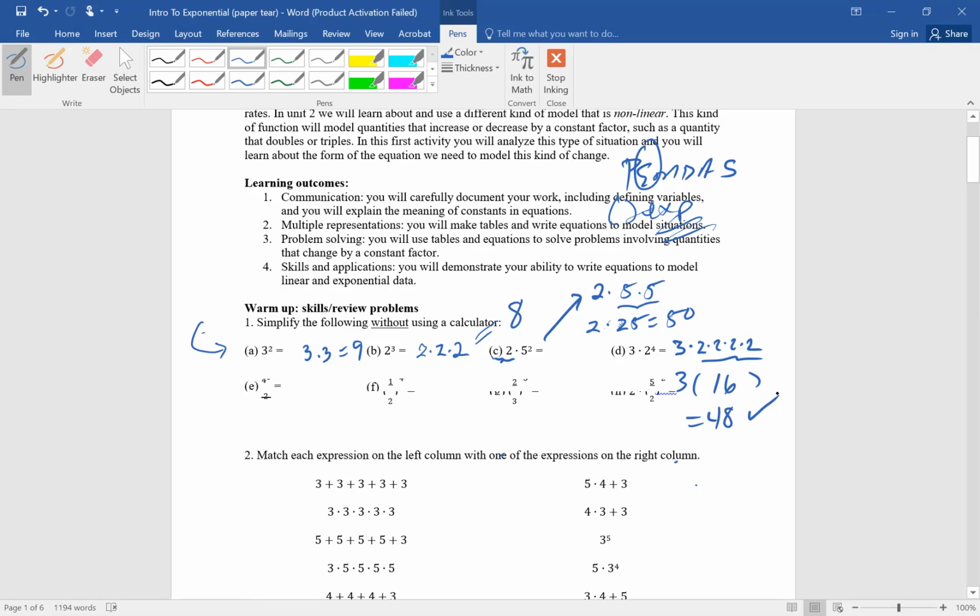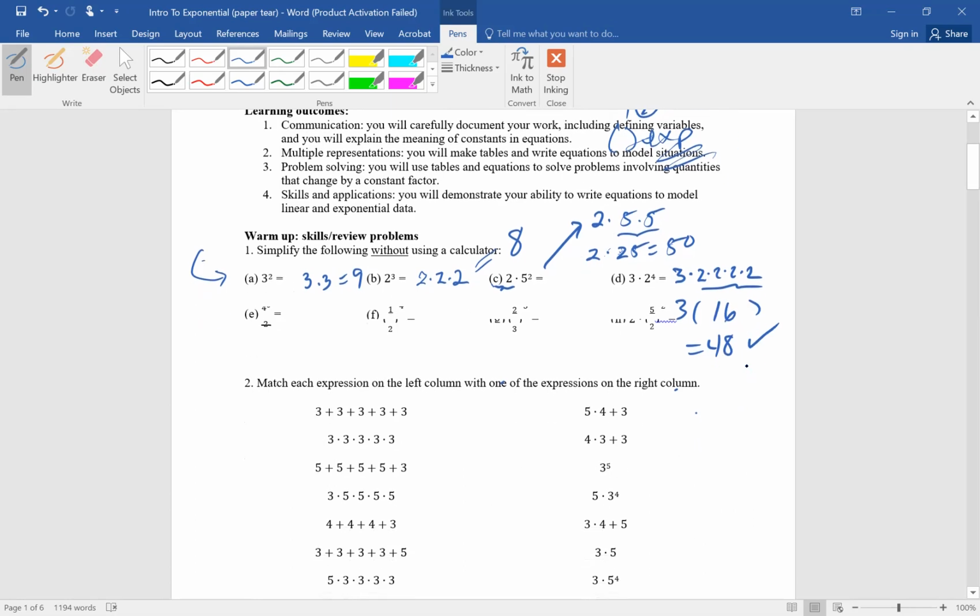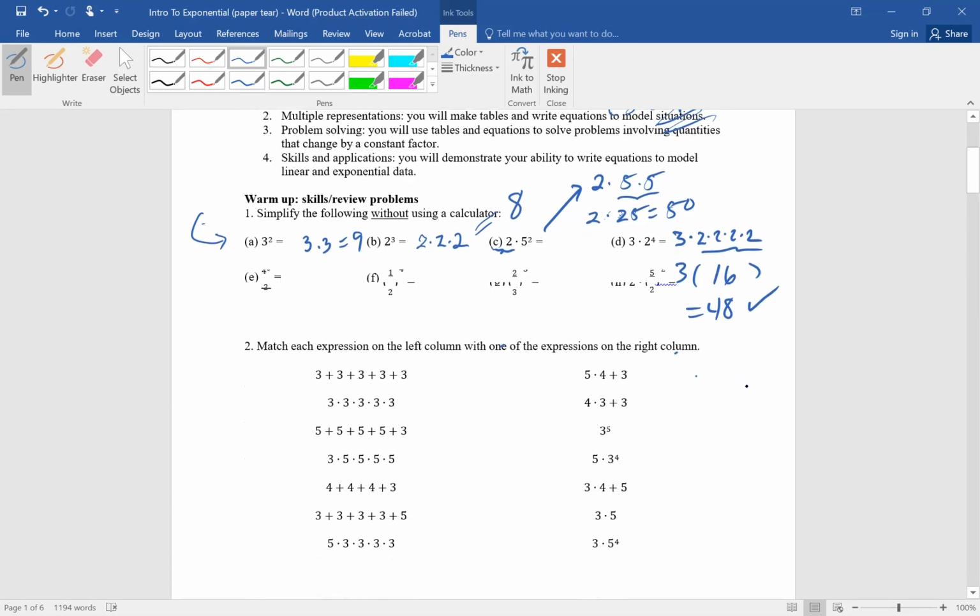And you can do a few more problems down here. I'll only do a couple more. There are different ways to write multiples of things. In other words, if you had, and I'm looking at that one right there, 3 times itself 5 times, you could write it this way in the other version, right, if you wanted to simplify it. But be careful, that's not the same as adding 3 5 times.